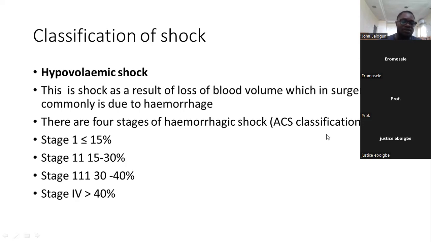But what normally happens in typhoid perforation is that, in the first instance, the intestinal lumen has bacteria that are kept in check because it's not communicating with the abdominal cavity itself, and it's not communicating with the blood system. So when there's a perforation, it simply means there's a hole between the intestine and the abdominal cavity.